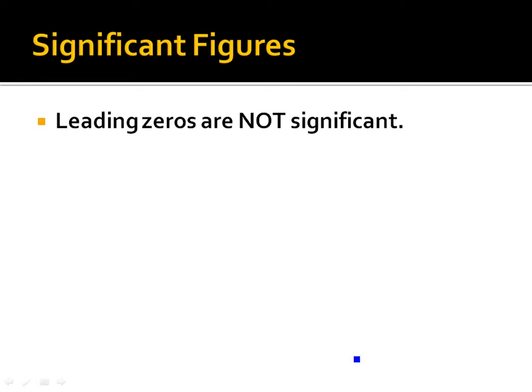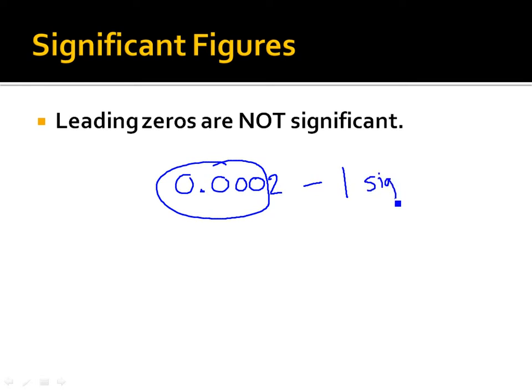So if we look at a number such as this, we have 4 zeros that come before or lead up to a non-zero digit. And so all of these zeros here would not be significant. And so we would have one significant figure.